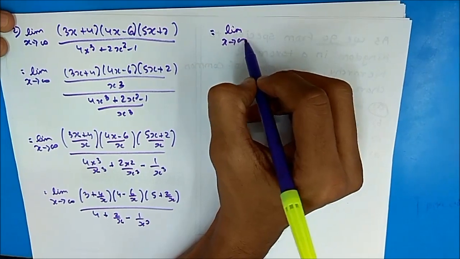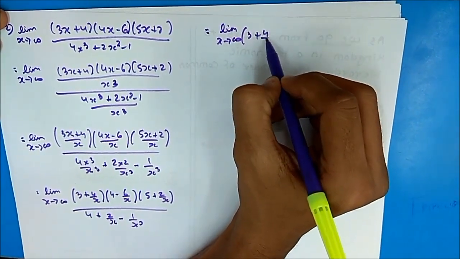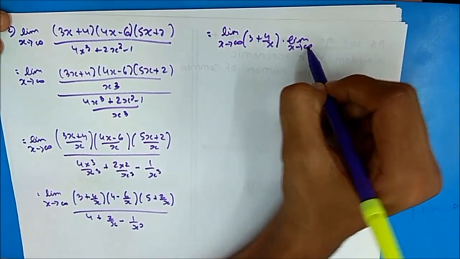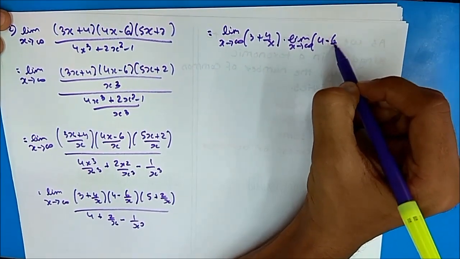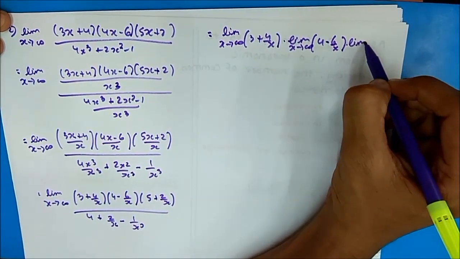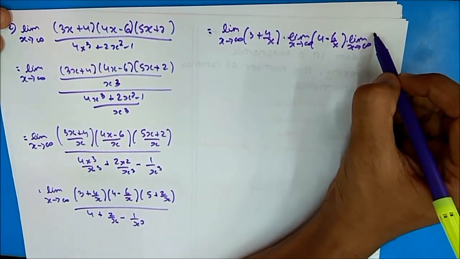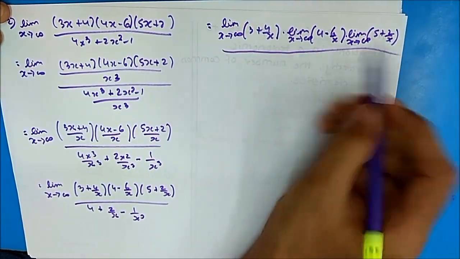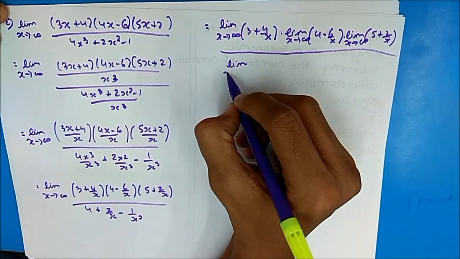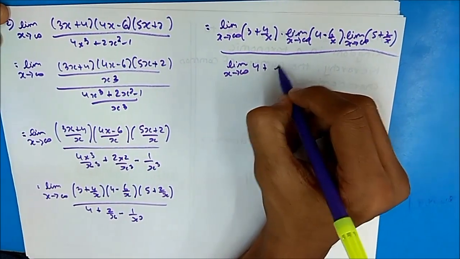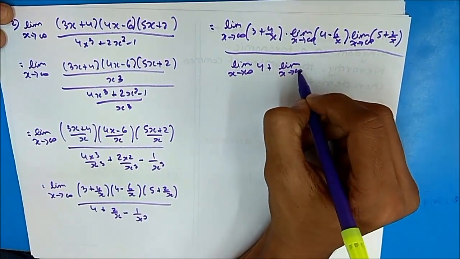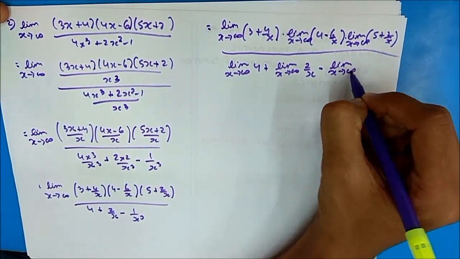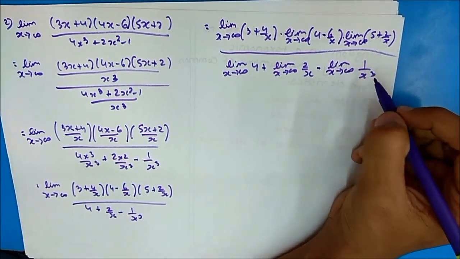Limit x tends to infinity (3 plus 4 by x) dot limit x tends to infinity (4 minus 6 by x) dot limit x tends to infinity (5 plus 2 by x) upon limit x tends to infinity 4 plus limit x tends to infinity 2 by x minus limit x tends to infinity 1 upon x cube.